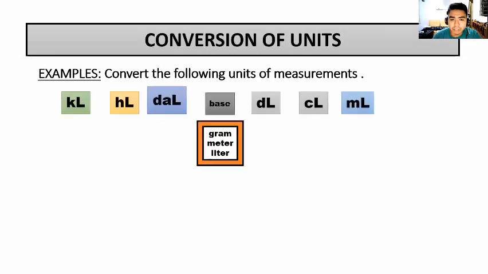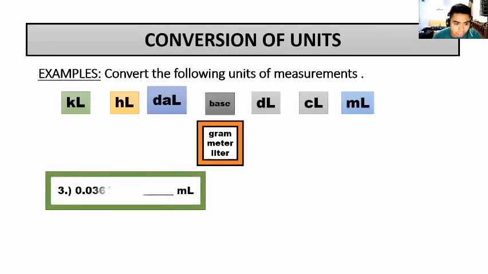Another example natin. We have 0.0361 hectoliters to how many milliliter? So mapansin nyo sa ating units of measurement, mula hectoliter, meron tayong 5 decimal places, hectoliter papunta kay milliliter.